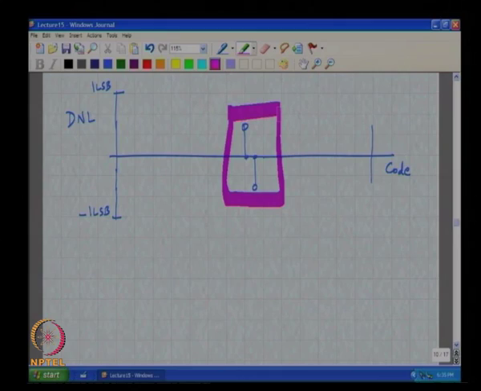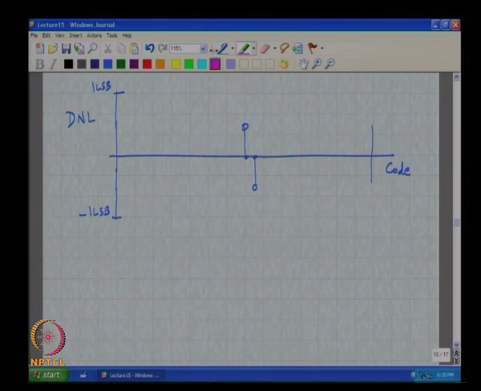All that this says is that at this code here, the width is much higher than 1 LSB, and the next code has a width which is much smaller than 1 LSB. You understand?